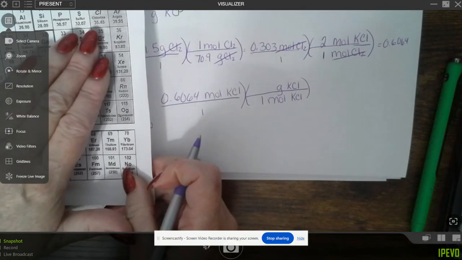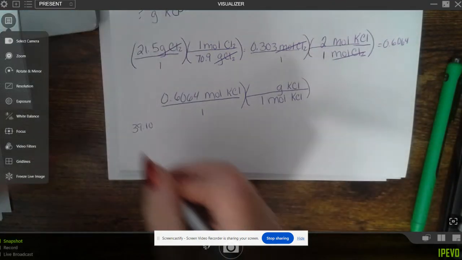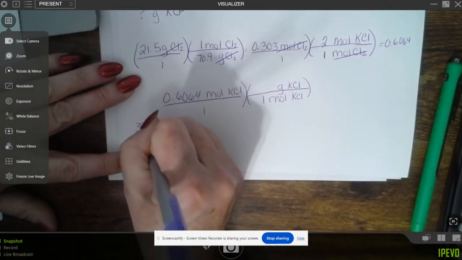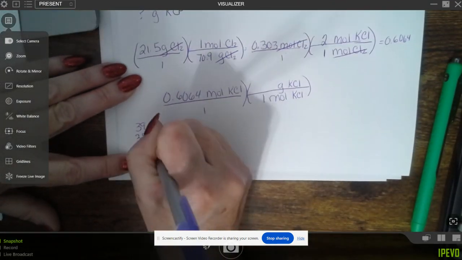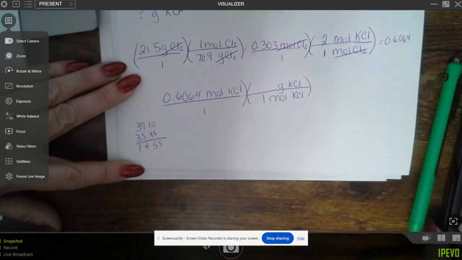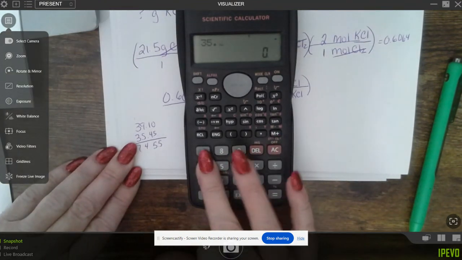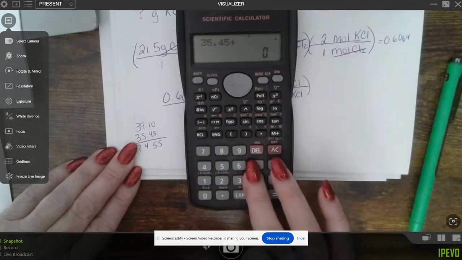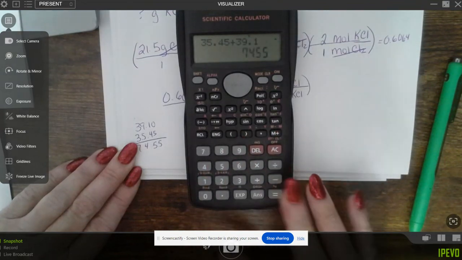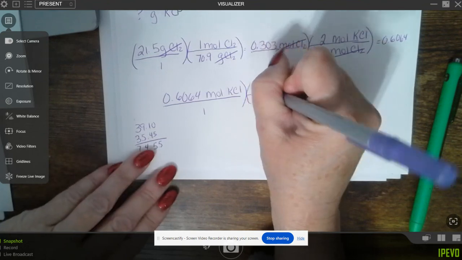And chlorine has a mass of 35.45. I'm going to add those together. I'm going to double check this with my calculator because I'm really good at making silly mistakes. 74.55. Good deal.